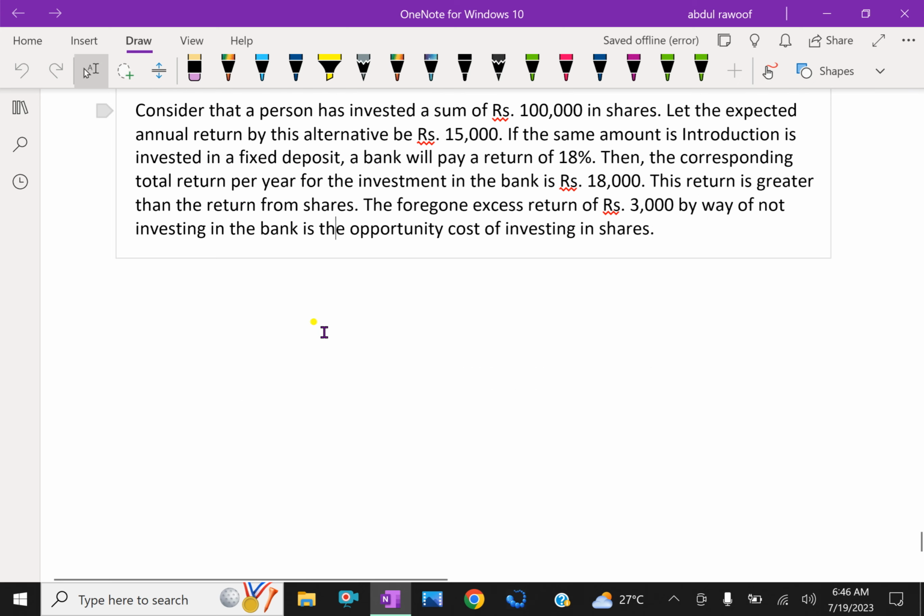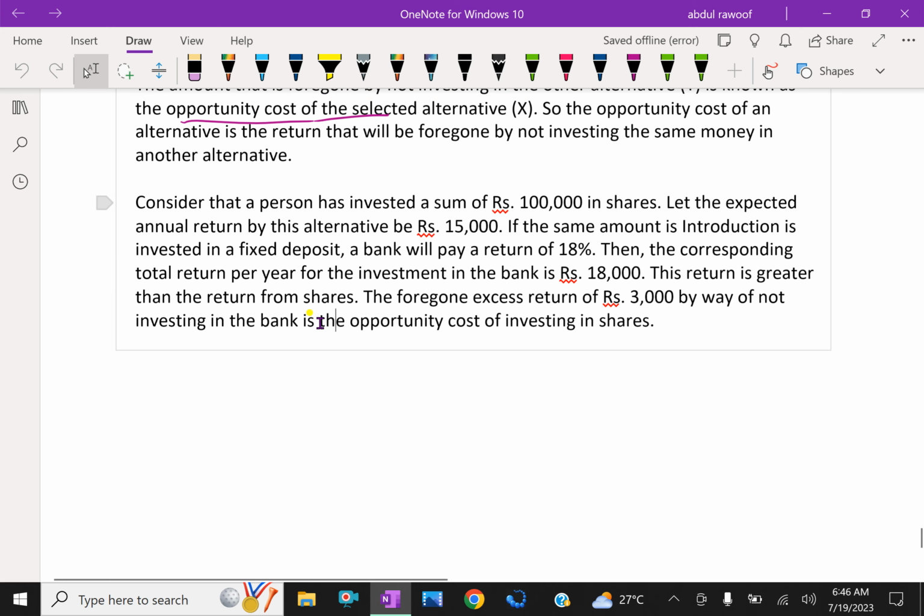So the opportunity cost of an alternative is the return that will be forgone by not investing the same money in another alternative. For example, consider a person has invested the sum of rupees 1 lakh in shares. Let the expected annual return from this alternative be rupees 15,000. If the same amount is invested in a fixed deposit, a bank will pay a return of, suppose, 18%, so the total return per year for the investment in the bank is rupees 18,000.